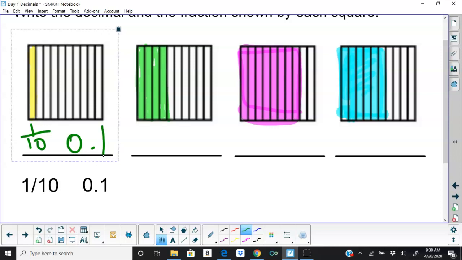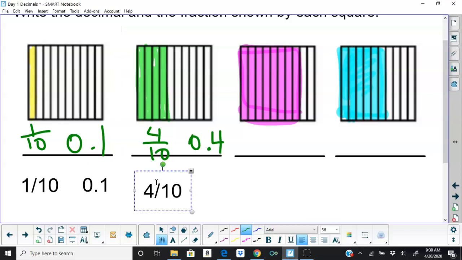1, 2, 3, 4 tenths. And I'm going to say 4 tenths. And I would type that as 4/10, space a bunch of times, and say 0.4.